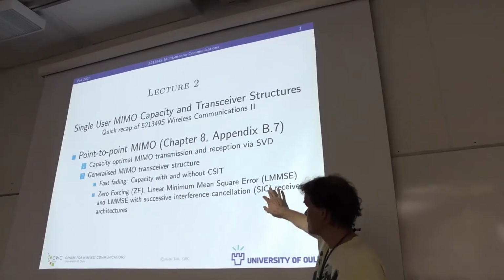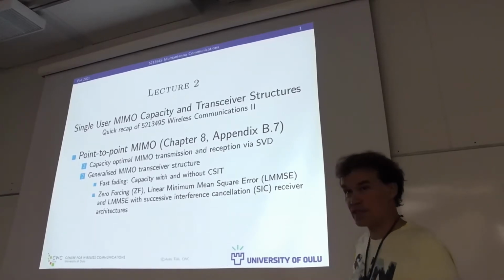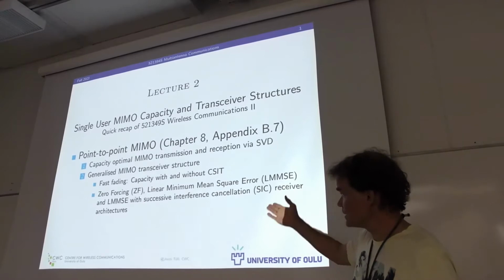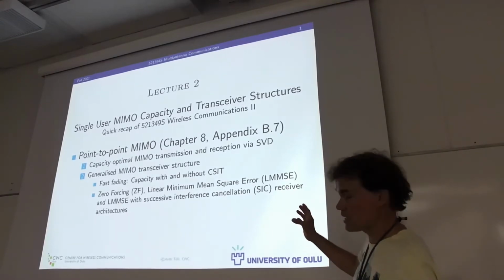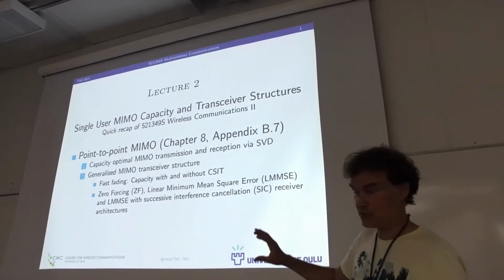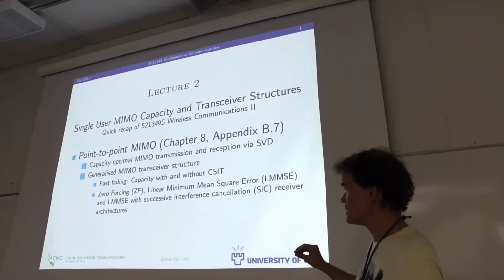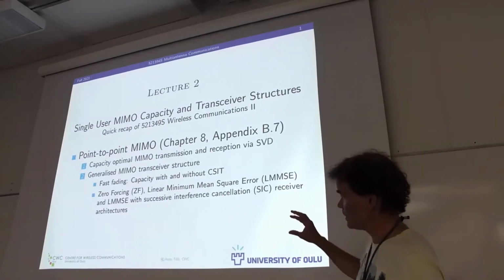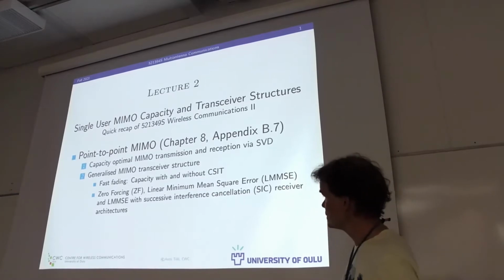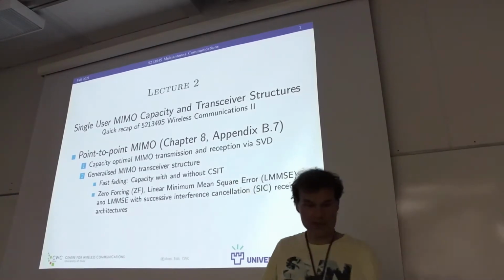And then combining that with successive interference cancellation receiver and show that that's in fact the capacity achieving structure, basically the same as the joint receiver case, but especially the case without channel state information at the transmitter.